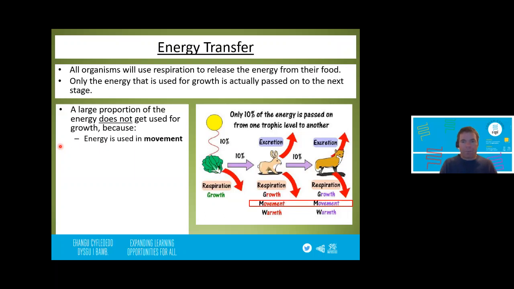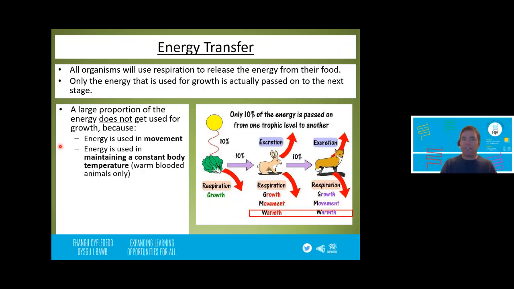Well, firstly, energy is used in movement. So whilst that rabbit is running around and using the energy that has been released in respiration for movement, that fox is not going to be able to consume that lost energy. So energy used in movement for muscle contraction, the fox is not able to obtain. Energy is also used to maintain a constant body temperature.